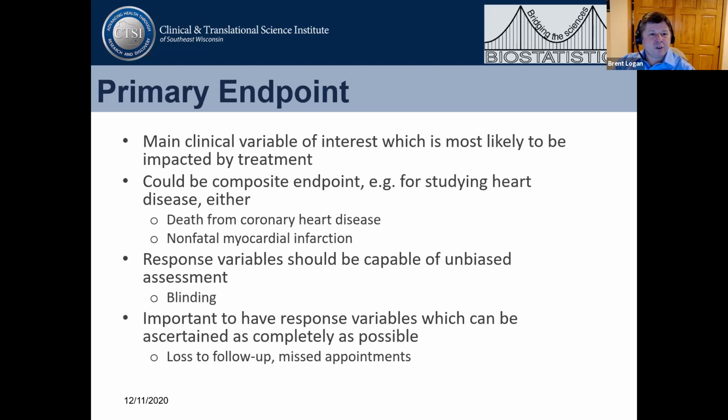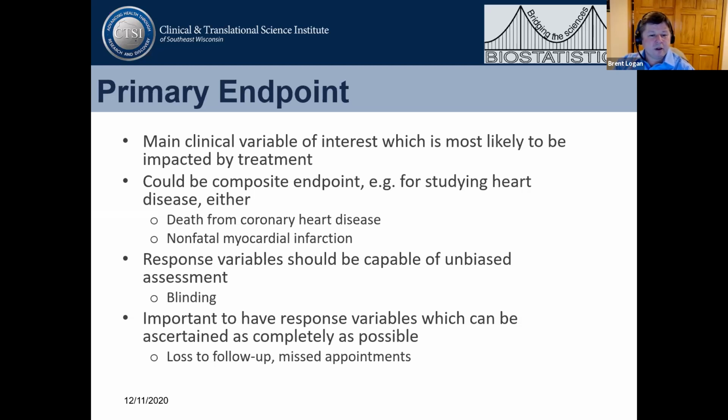Response variables for your primary endpoint should be capable of unbiased assessment. If not, then you may need to use some kind of blinding so that the person doing that assessment is not aware of the treatment being received.